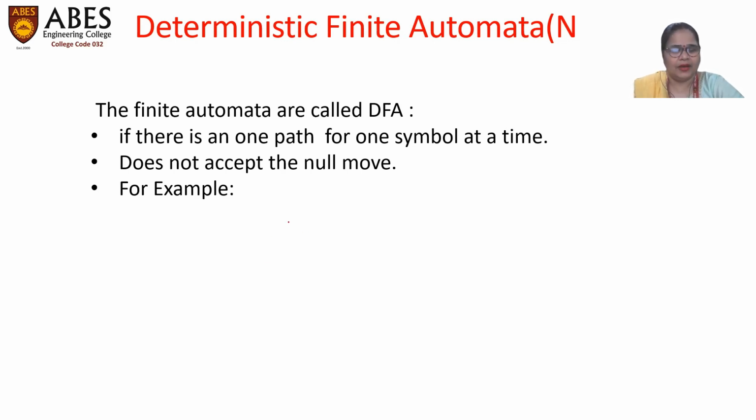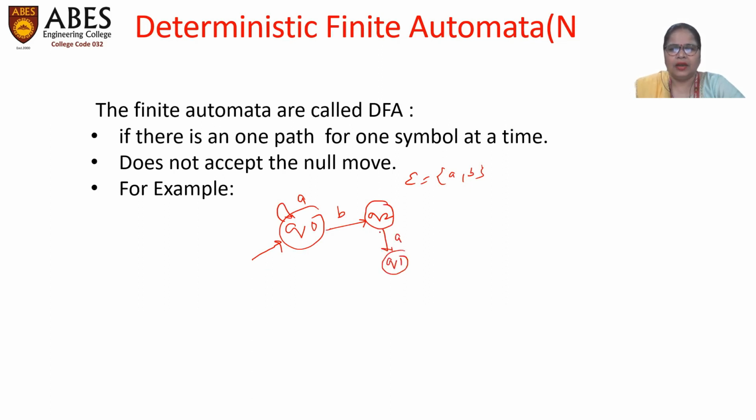For example, this is the initial state Q0, you are reading here a, I am taking the same sigma {a, b}, and you are reading b and going to Q2, reading a, going to Q1, reading a, and reading b.